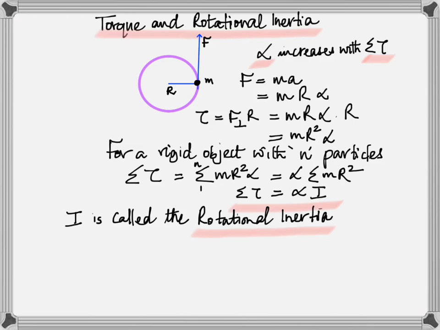When you take that summation, alpha is taken outside because it's a constant for all the particles, okay? And then you have sigma m r squared, which is called I. So you're adding up the rotational inertia of every particle. The sum of all the rotational inertias, that's I. So that's our final formula.